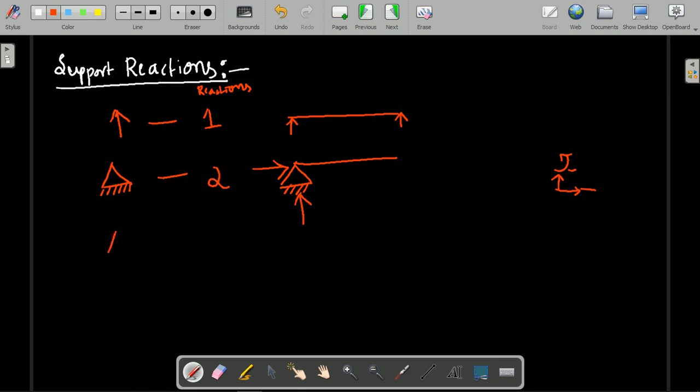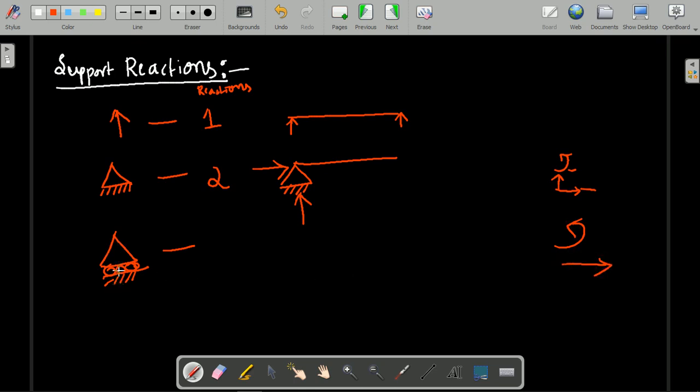Another support we have discussed is the roller support. How many reactions for a roller support? This is the representation of a roller support. If there is a roller, it can rotate and it can move in the horizontal direction, but it cannot move along the vertical direction.